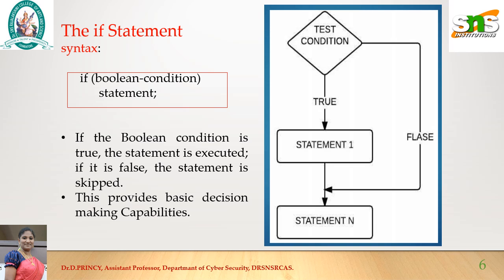Otherwise, it skips statement 1 and goes to statement n directly. If it is true, after executing statement 1, it goes to statement n. So here there is a choice. Based on the value returned by the condition, statement 1 is either executed or skipped. This is how selection statements are executed.